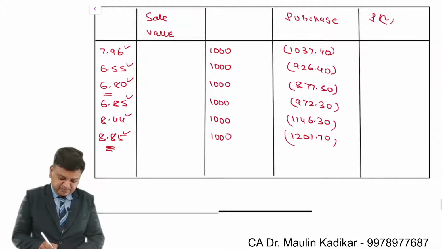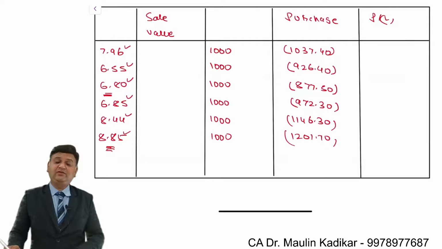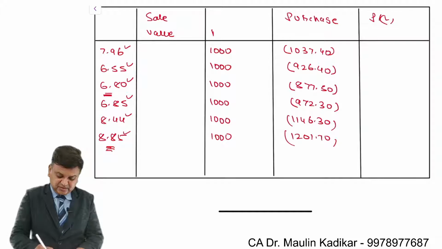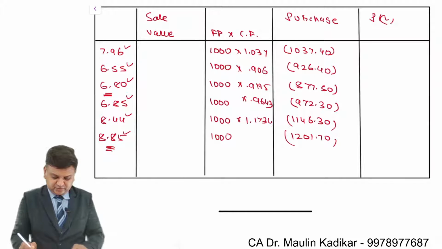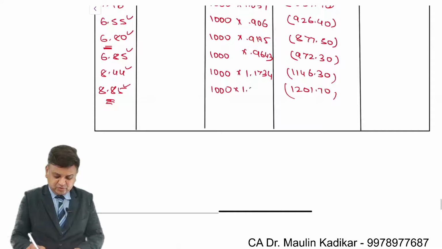If I deliver poor security, my sale value will be less. What will be my sale value? It is the futures price multiplied with the conversion factor. Conversion factor is 1.037. Conversion factor is 0.906. It is 0.9195, 0.9643, 1.1734 and 1.2428.